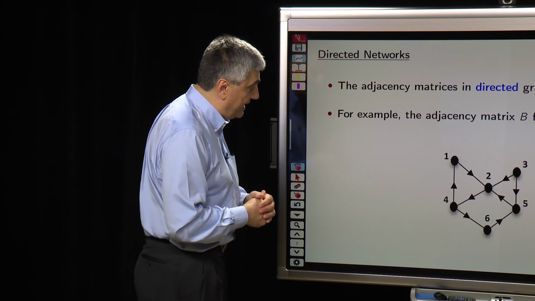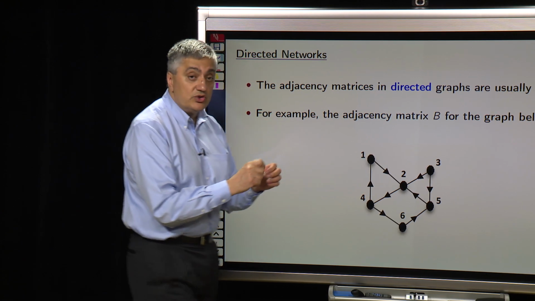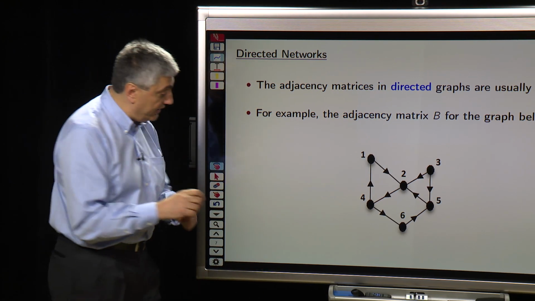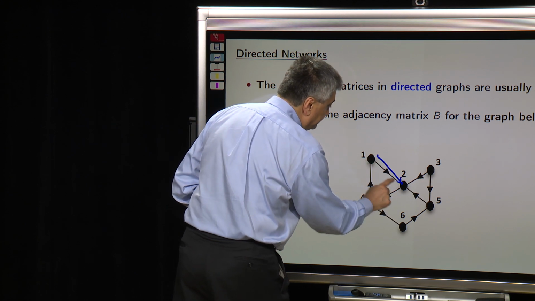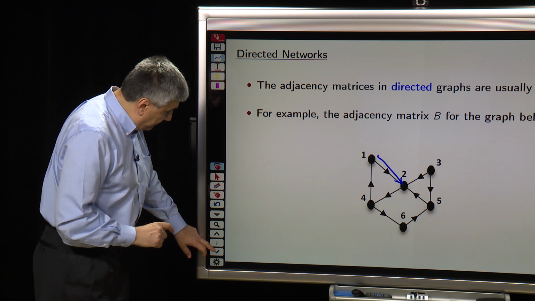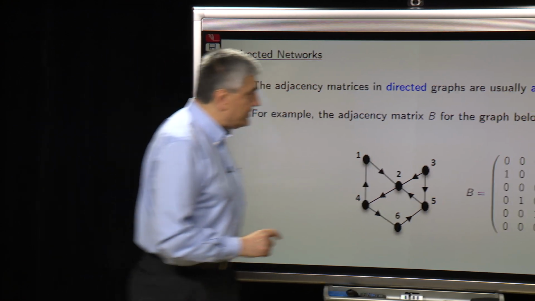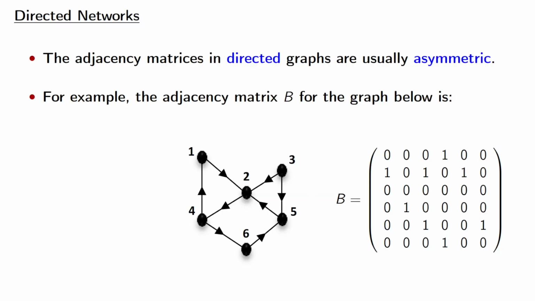So let's take this example. In this example, we're showing the direction from one particular node to another. In this case, we have a link from 1 to 2. Now, if we look at the matrix, what does that mean? Well, that means that A21 is going to be equal to 1.